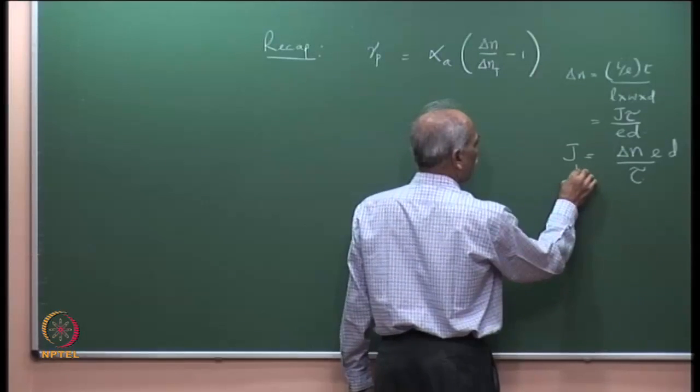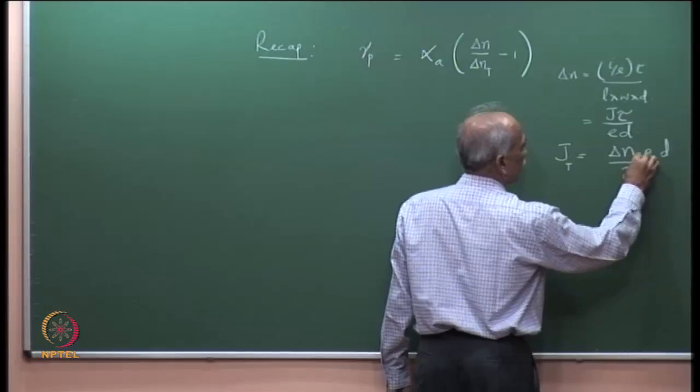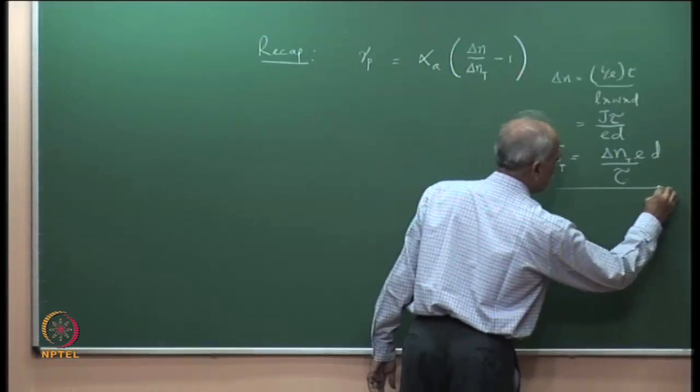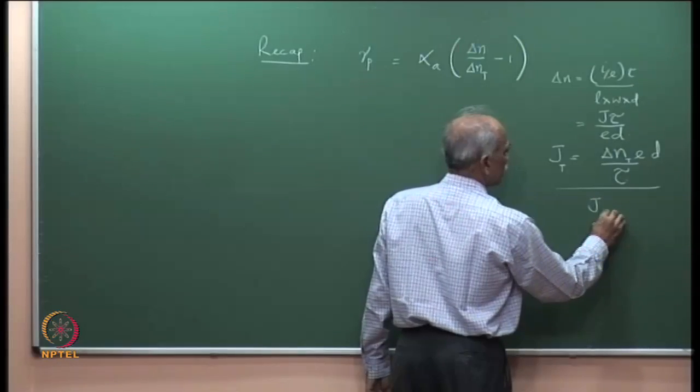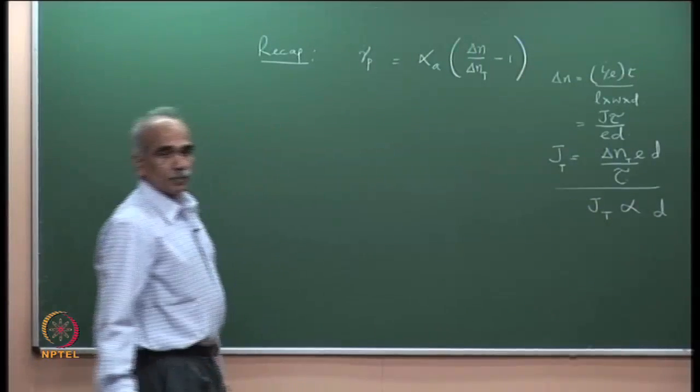So, J transparency, J t, will be equal to delta n t into E into D. So, what you see is J t is proportional to D.